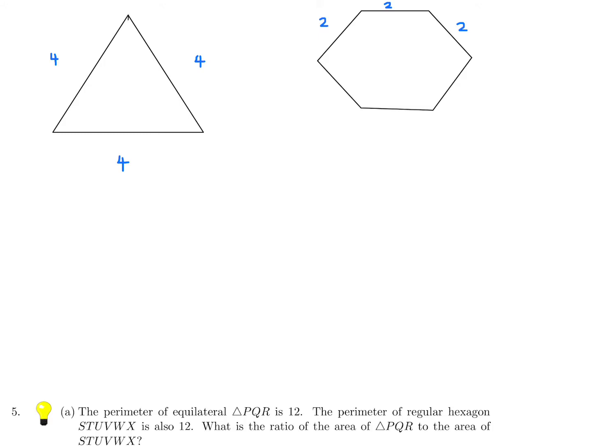Let's first just concentrate on the equilateral triangle. We can easily figure out the height here using the 60/30/90 properties. So that means this is going to be 2 from here to here.